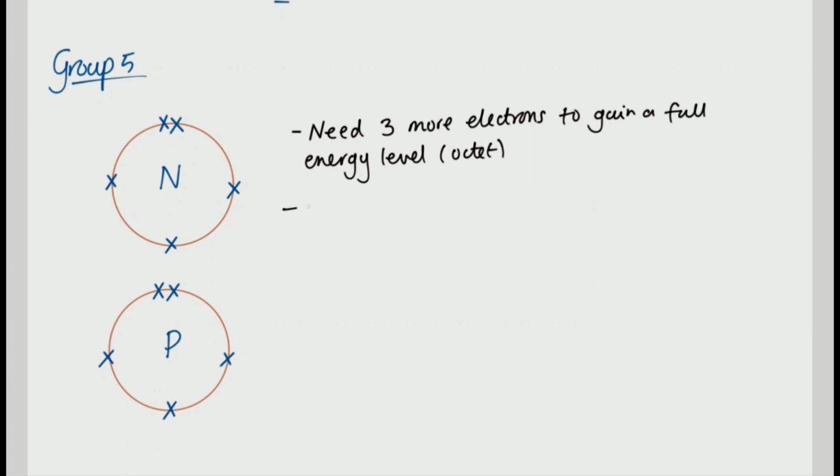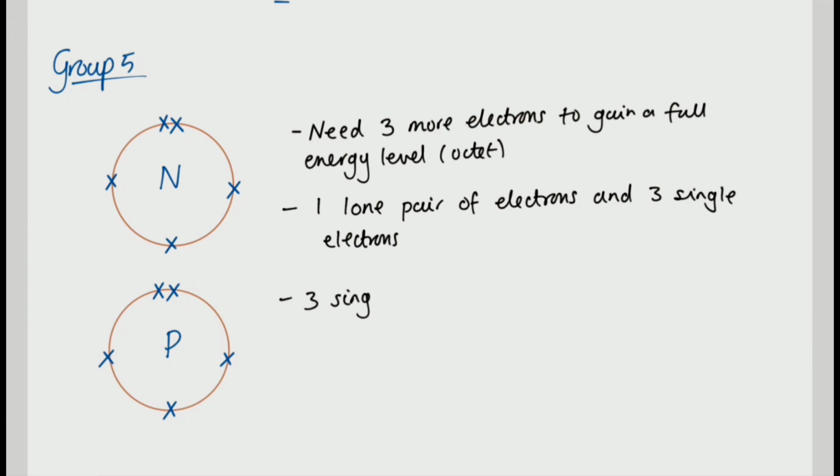And each nitrogen and phosphorus has one lone pair of electrons, so that one that is paired up, and they have 3 single electrons. So as they need 3 bonds, it's the 3 single electrons that will bond with electrons of other atoms and pair up with them. The lone pair is stable and therefore won't be involved in bonding.